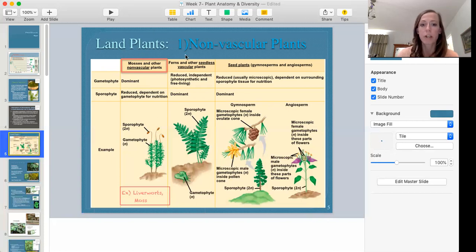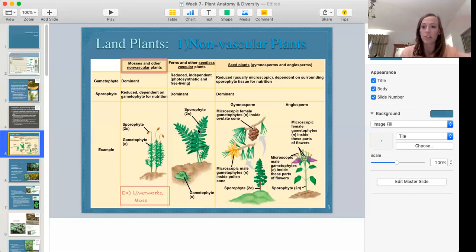Now, if we turn and look at our seedless vascular plants, such as a fern, now we're seeing that the dominant structure, the larger structure of the fern or other seedless vascular plant, is the sporophyte generation. So this is the diploid generation. Walking through the woods, going for a hike, you might see ferns growing.